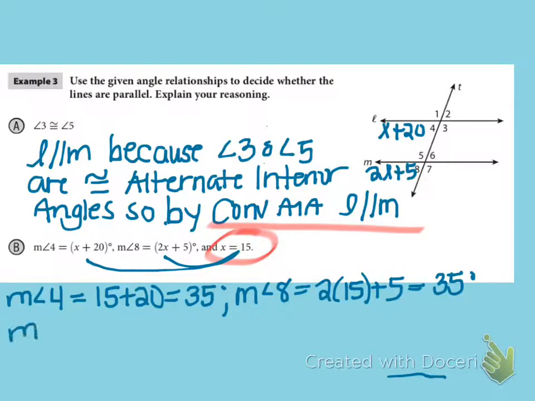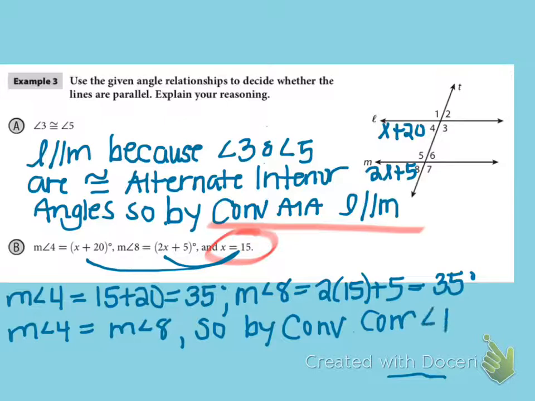We can say the measure of angle 4 is equal to the measure of angle 8, because we actually substituted those in, and we found out they are, and so then we can say, by the converse of the corresponding angle theorem, or I guess it's a theorem in this book, then L is parallel to M.